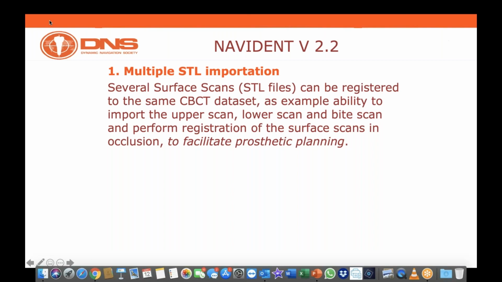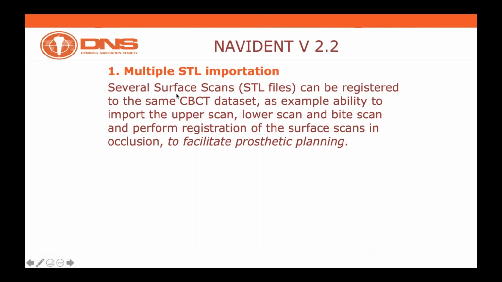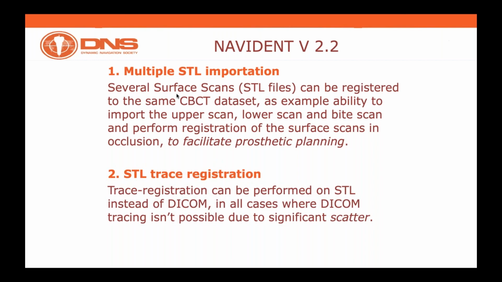And I will provide you with an example of how to achieve that by importing the upper scan, the lower scan, and the bite scan, and registering them all together. And of course, what is the benefit of doing that? It's to facilitate prosthetic planning. That feature has been conceived and put in place to really facilitate prosthetic-driven planning.